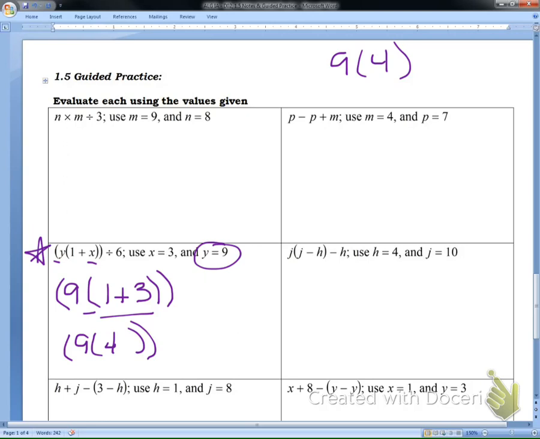Otherwise, you may have written this, and it looks like the number 94. So that's why people usually miss this problem. So then you'd have to multiply 9 times 4, 36, and that would be your final answer.